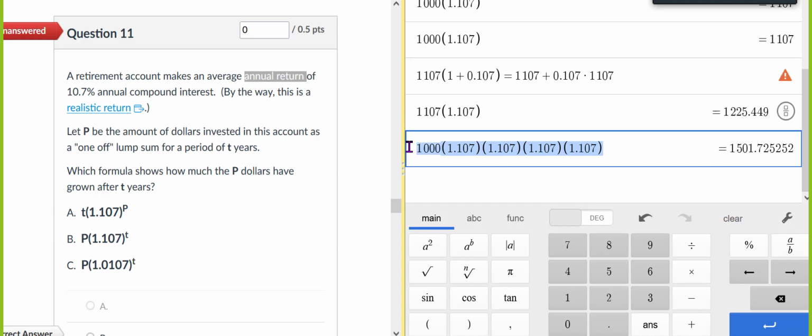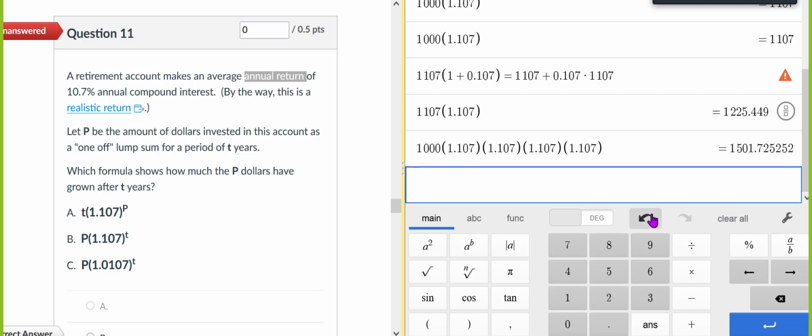Now, I want you to write this down with an exponent though, because you have the same number times itself 4 times. See that? So how would you write that as an exponent? Let me put it this way. If you had 5 times 5 times 5 times 5, how would you write that with an exponent? 5 to the power of what though? 4, because there's 4 5s. 1, 2, 3, 4, right?